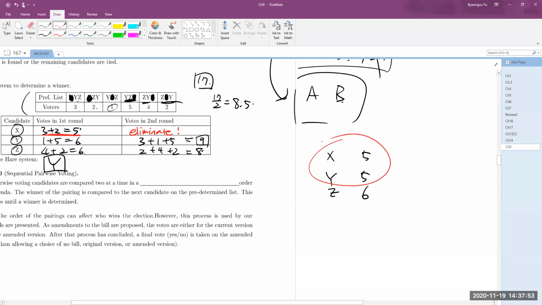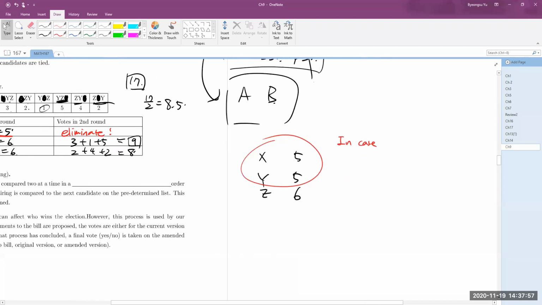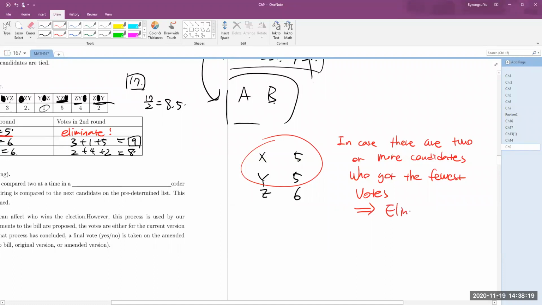So in case there are 2 or more candidates who got the lowest number of first preferences, then eliminate both.